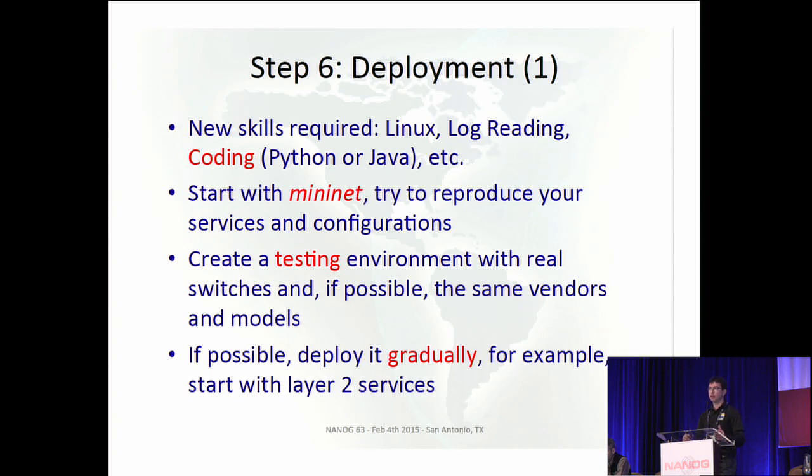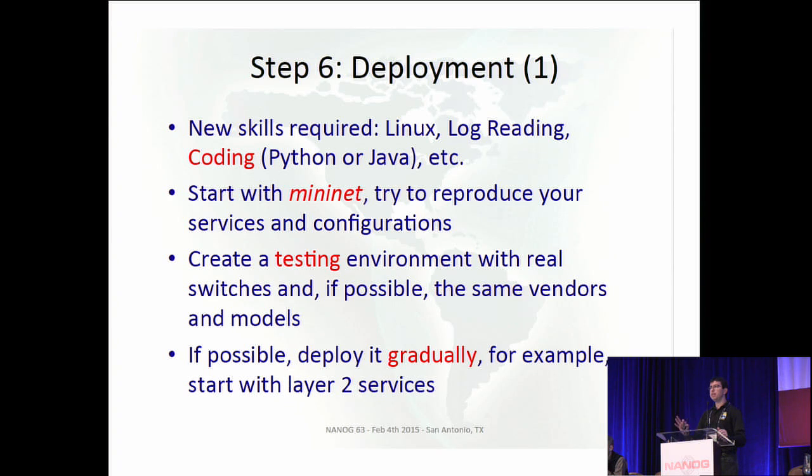You need to learn how to read logs and especially coding. Maybe a little Python or a little Java, because most controllers use Python or Java. It will be very useful for creating troubleshooting tools, or sometimes to integrate the SDN world into your Cacti or Nagios or Zabbix application.